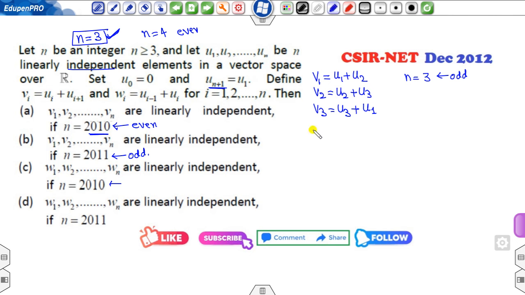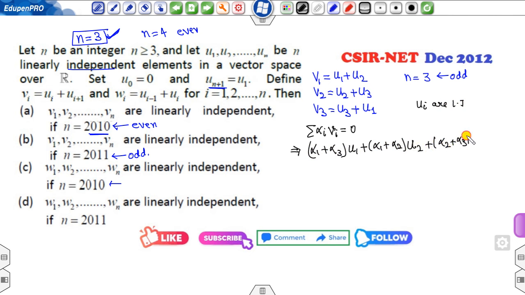Now you can prove the linear independence. I can start with the sum of alpha i times vi is 0. If I take this in terms of alpha times ui, and the ui's are linearly independent, then alpha 1 plus alpha 3 of u1, alpha 1 plus alpha 2 of u2, and alpha 2 plus alpha 3 of u3 is 0. Since the ui's are linearly independent, the coefficients are 0. So clearly from this case, each of the alpha i is 0.